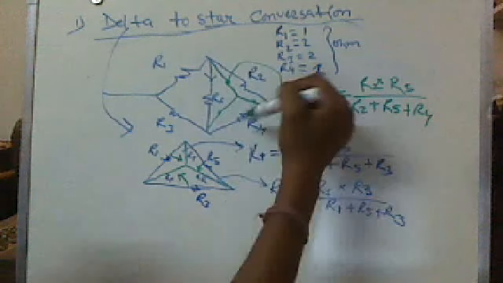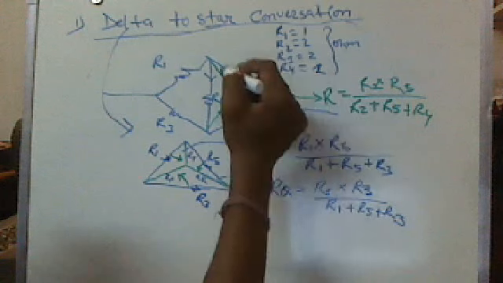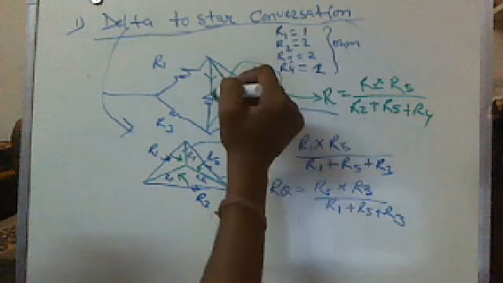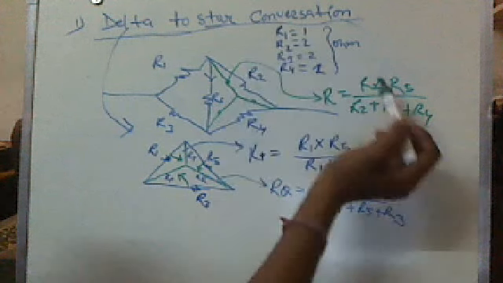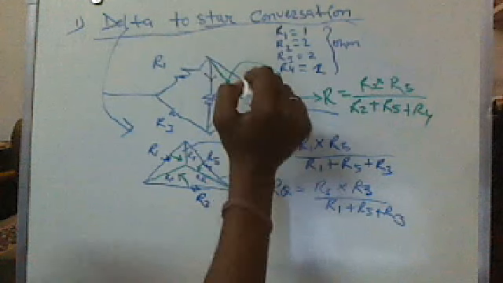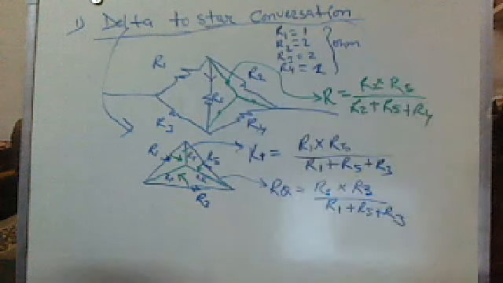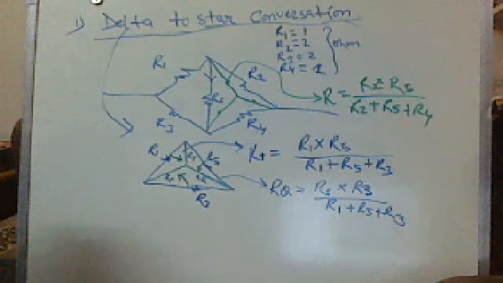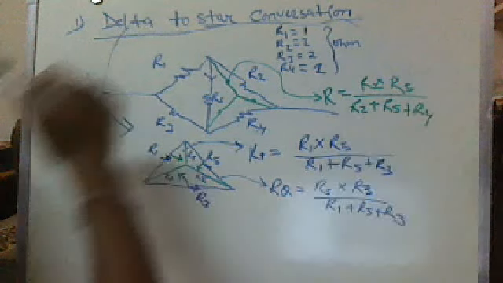Here in this figure you see that this resistance is surrounded by R2 and R5. Therefore, the resistances which are multiplied are R2 and R5. Okay, that's all. You will get your result.